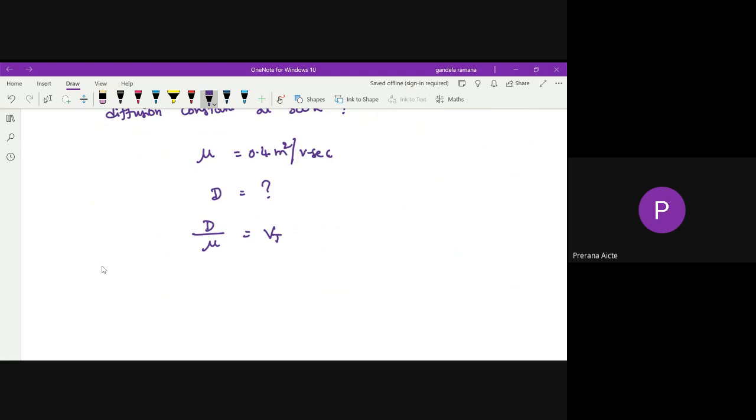Vt we know, mu we know, so we can easily find D. D is equal to mu into Vt, that is 0.4 meter square per volt second into 26 millivolts.